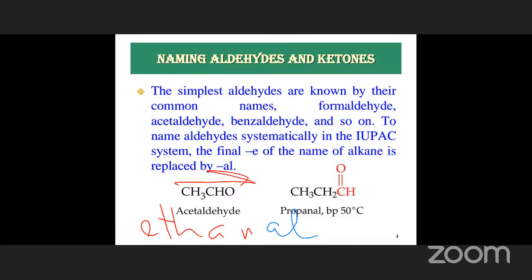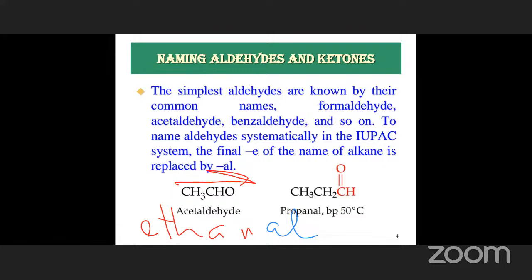Okay? So the name now becomes ethanal. Ethanal is the IUPAC nomenclature for this compound. Okay? The acetaldehyde you're seeing there is also correct, but it's the common name. So if you ask for the common name, acetaldehyde is correct. If you're asked for the IUPAC name, it is ethanal.